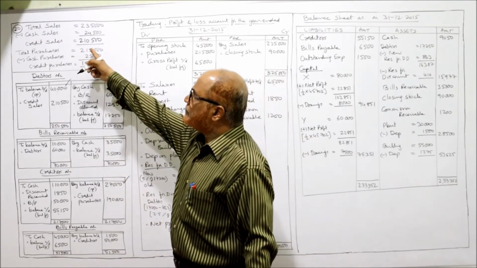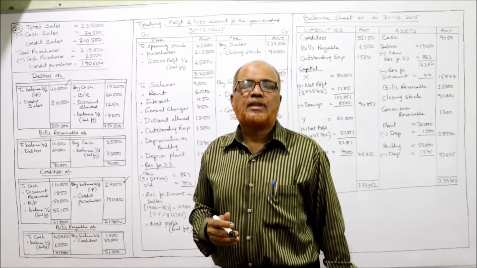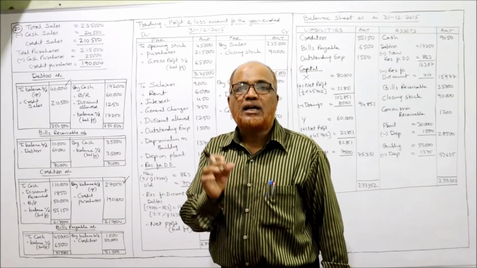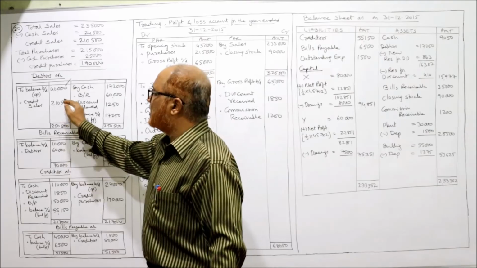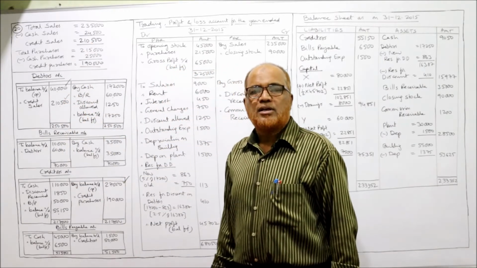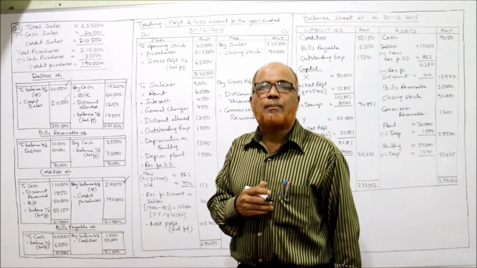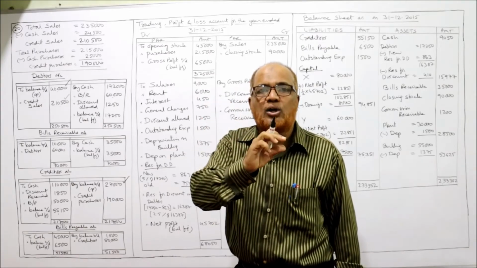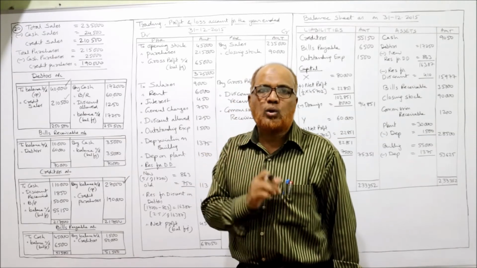Now we'll take the transactions. First of all, credit sales. When we sell the goods on credit, the entry will be debtors account debit to sales. So debtors account debit side, to credit sales, 2,10,500. Right. Similarly, credit purchases. When we purchase the goods from suppliers, the entry will be purchases account debit to creditors.